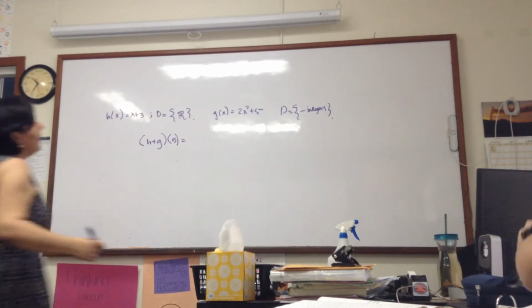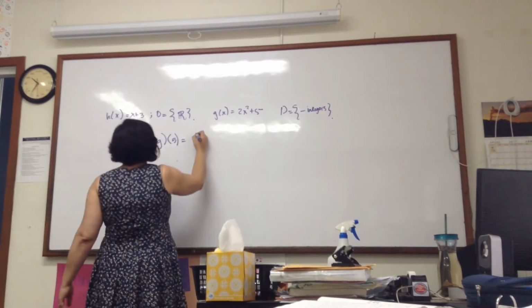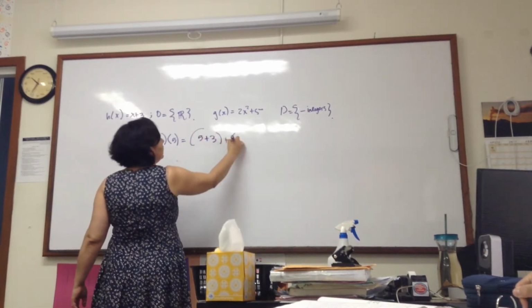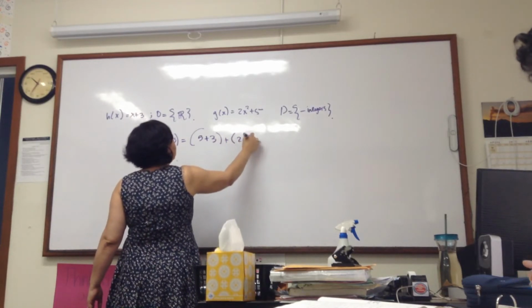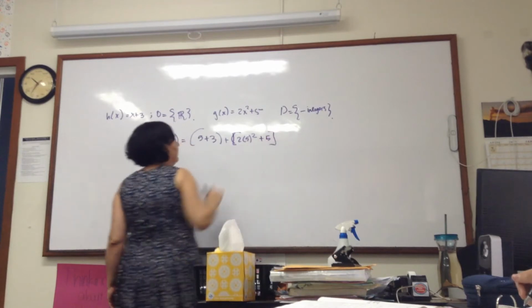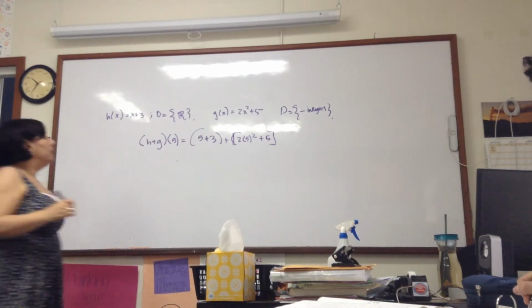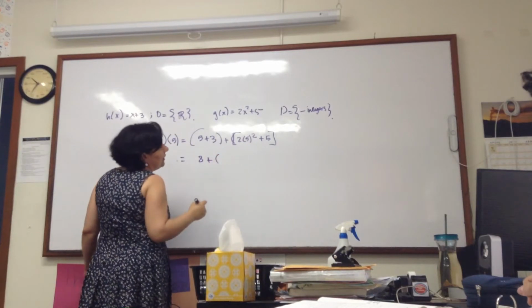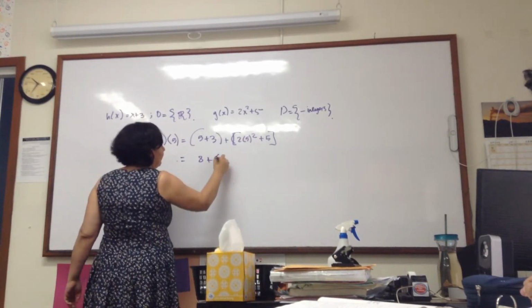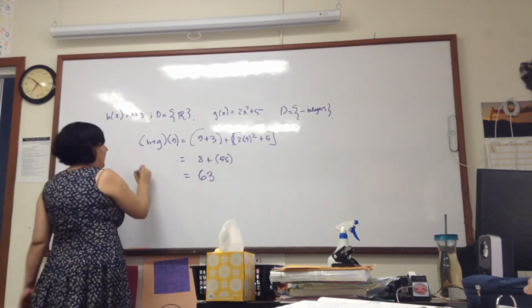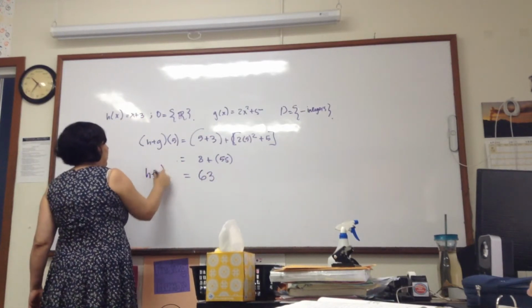So we've got 5 plus 3 plus 2 times 5 squared plus 5. Everybody agree? So I've got 8 plus, how much is this? 25 times 2 is 50, 55. This equals 63. This is h plus g.